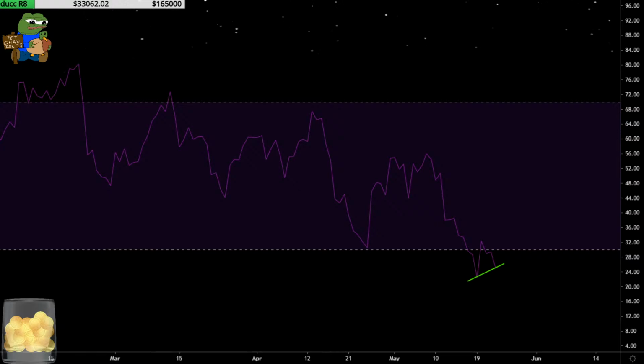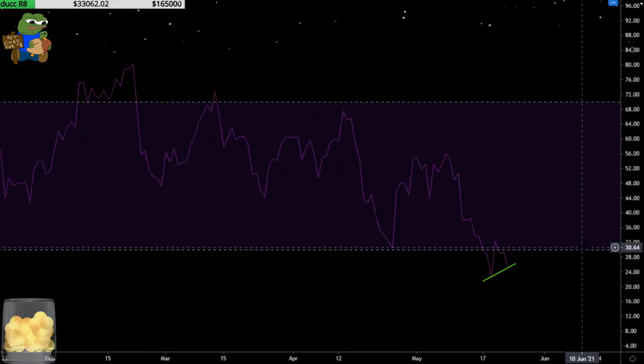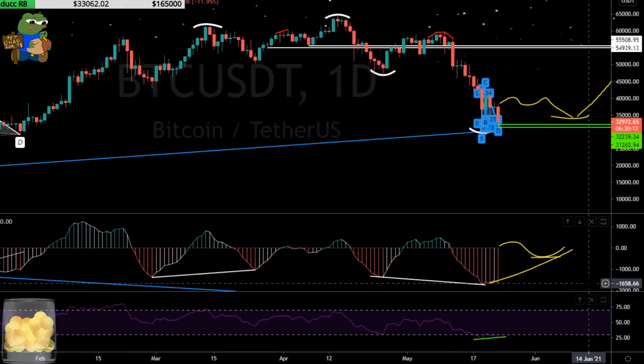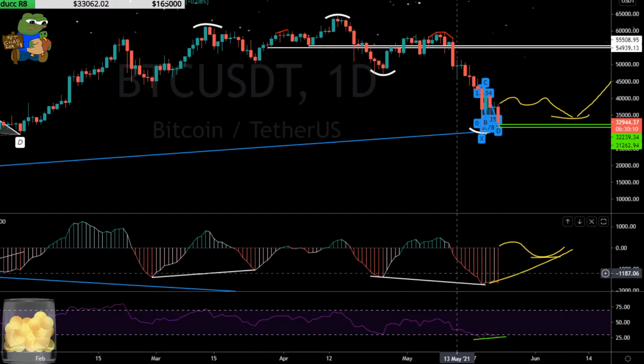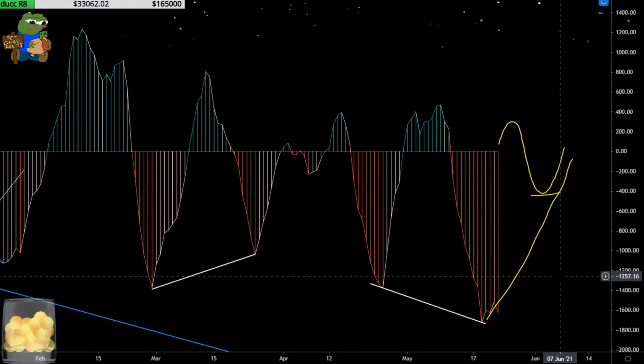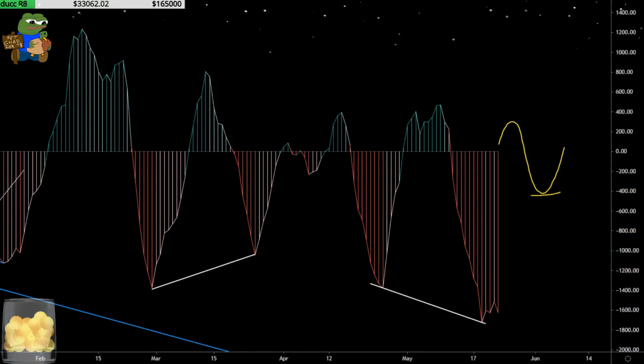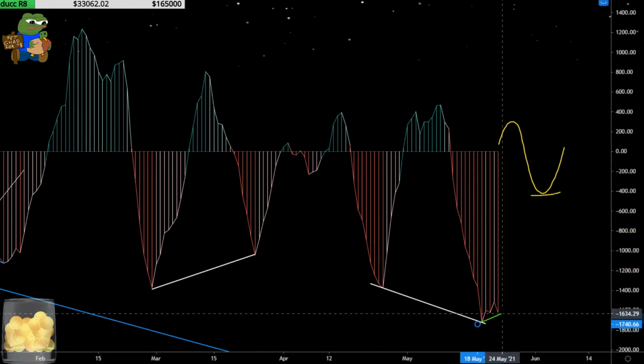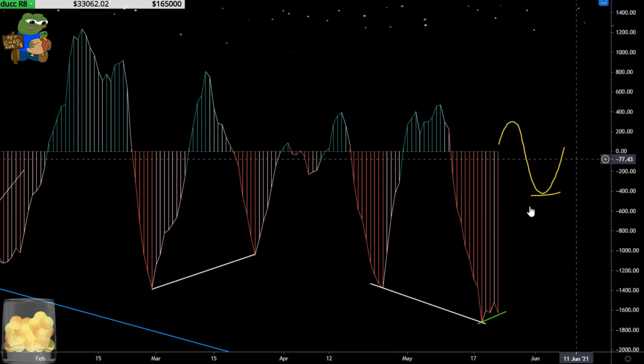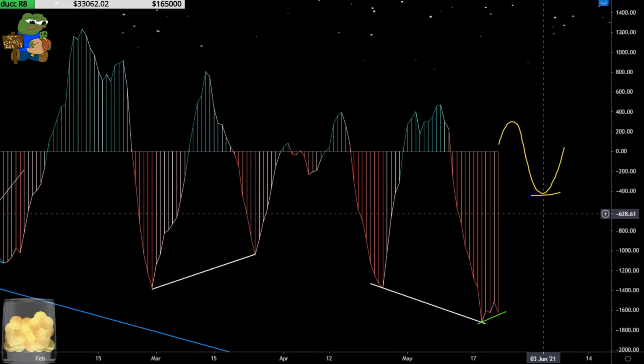Definitely, you'd love to see this MACD participating a little better. Are you getting a little something here? Sure, a little something, but you'd like to see this on a whole separate island, right?